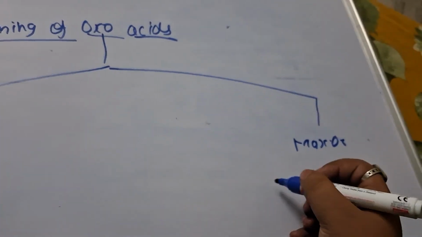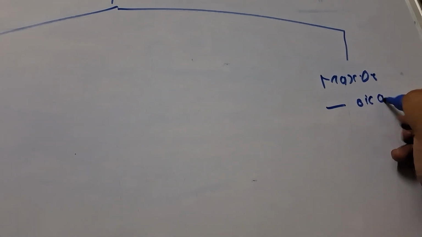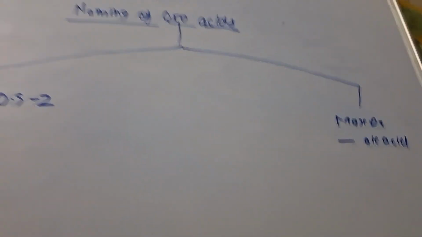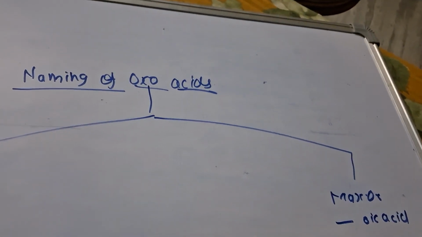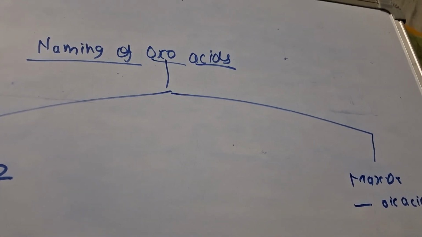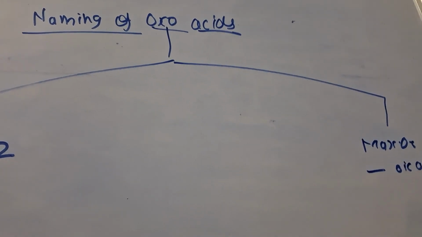So at the maximum oxidation state, it is oic acid. Phosphoric acid, for example.